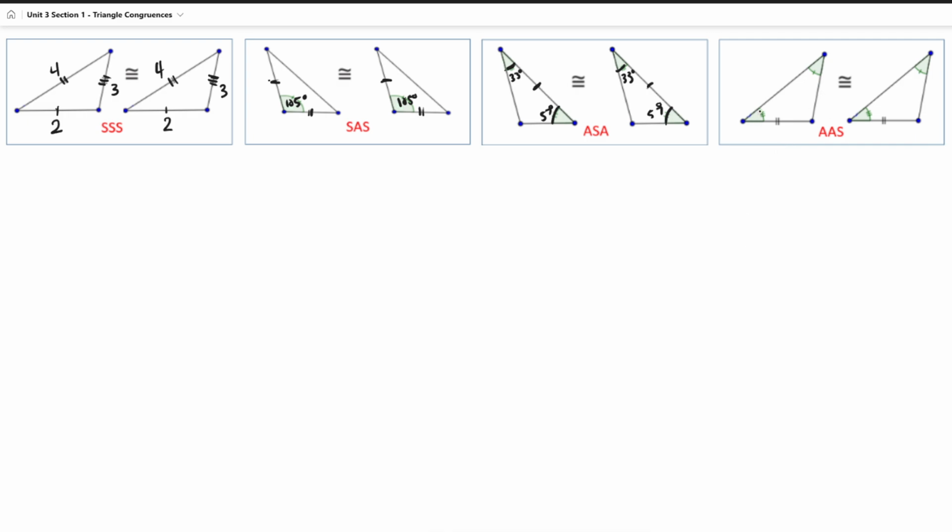So we have angle, we have another angle, and then we have the side right here. We'll say this is about 30, and this is about 27. Like I said, I'm not entirely sure what the actual degree is. We're just putting random numbers here.